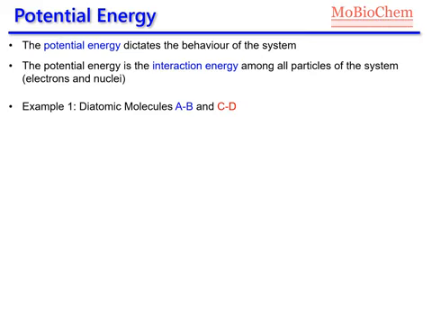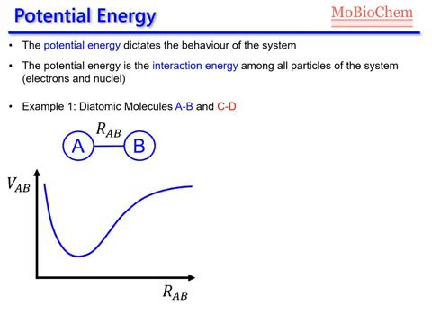For example, let's say we have two diatomic molecules. The first molecule, AB, has this potential energy curve, so the curvature is relatively small. So that means if we represent the vibration of the diatomic molecule as a particle running in this potential energy surface, we will have this kind of vibration.